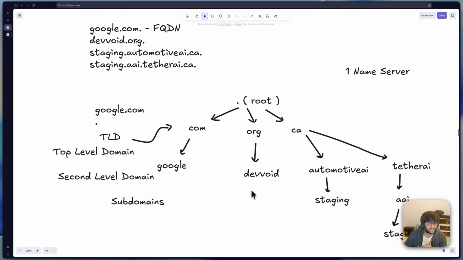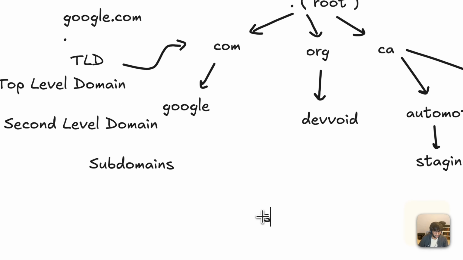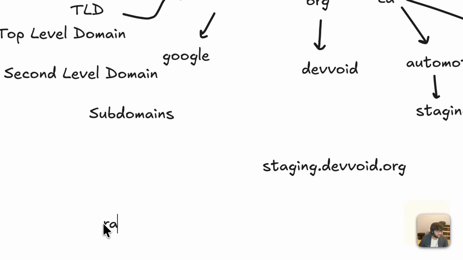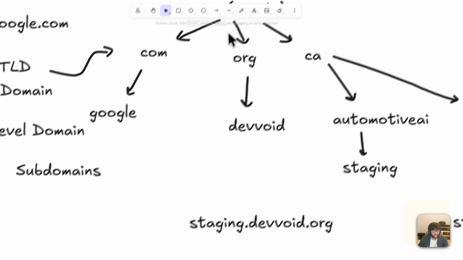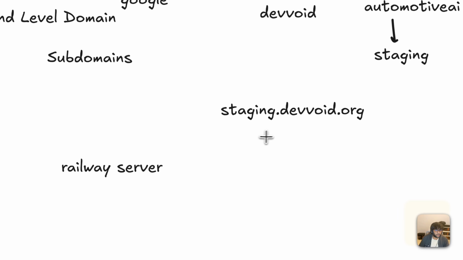So, for example, DevVoid.org, when I have something like, let's say, staging.devvoid.org, there's probably a Railway server or some server, it doesn't matter. We use Railway, so I'm just using a Railway server as an example, staging.devvoid.org, and we probably have these things pointing towards this. How does pointing work? A record.